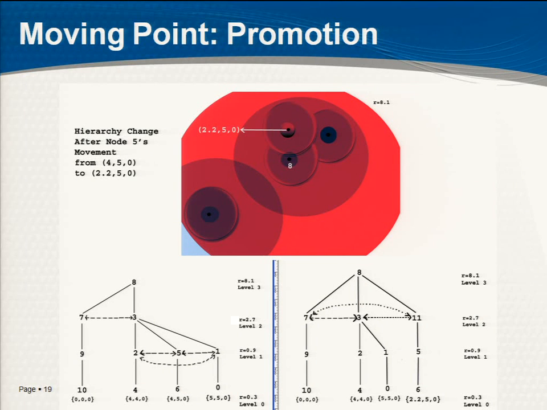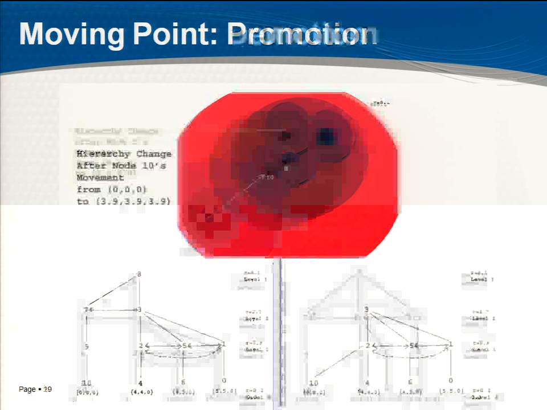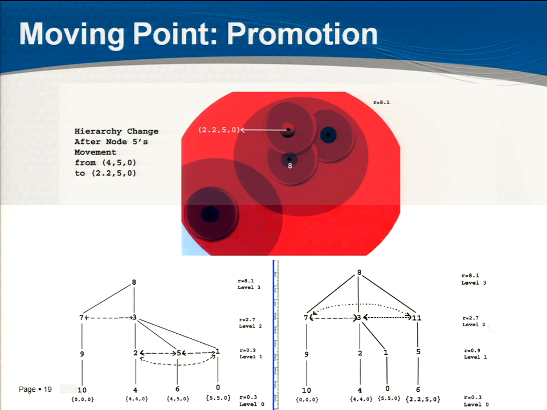We didn't mention this in the paper because of limited space: how it behaves under movement. For movement, we have promotion and demotion. For promotion, we already have this point, node 5. Here it is.